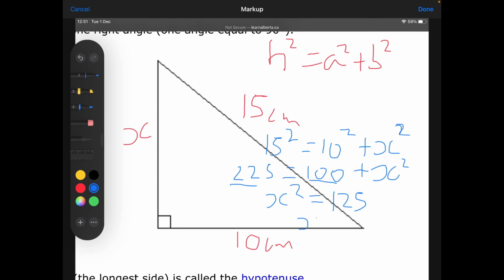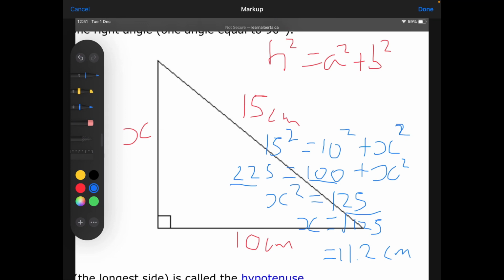Therefore x equals the square root of 125, and the square root of 125 is 11.2 centimeters if I round to one decimal place.